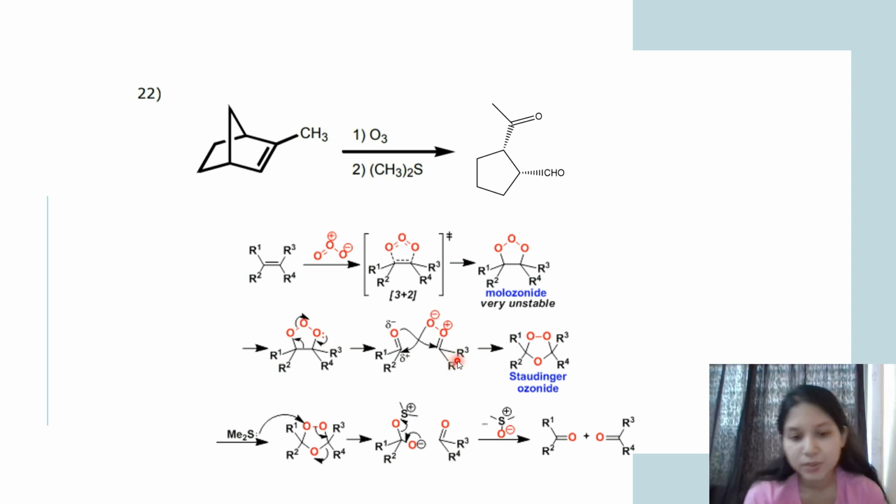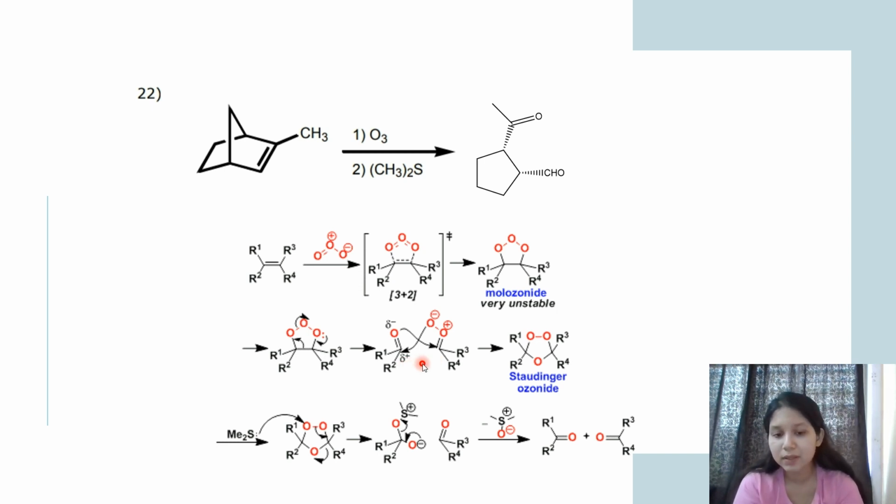You just have to break one oxygen-oxygen bond, because peroxy linkages are highly unstable and weak. So you break this peroxide linkage, and by pushing the electron pairs from the oxygens to the carbon-carbon bond, you get these two fragments in the reaction.